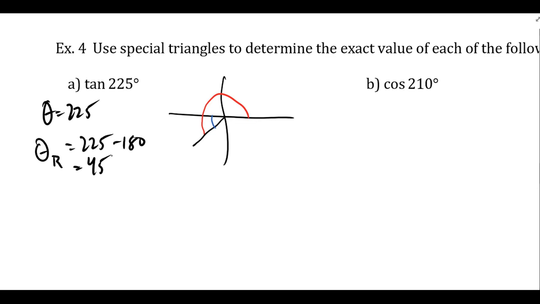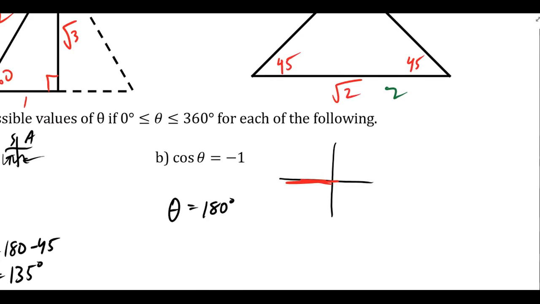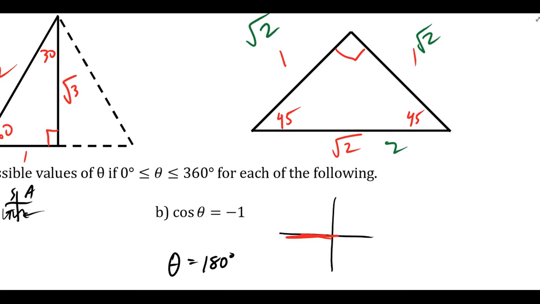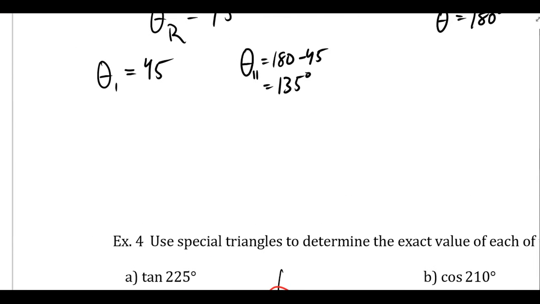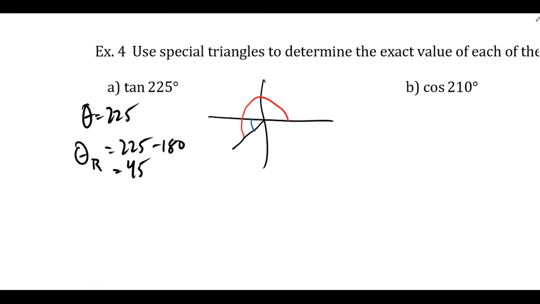Which special triangle is that? It's the isosceles one, right? So then I think about that, and tan is not the hypotenuse. So it's like 1 over 1 or root 2 over root 2 or whatever. So it's 1. Okay? So then I write this. The tan of 225 equals, and CAST tells me that tangent is positive in that quadrant.